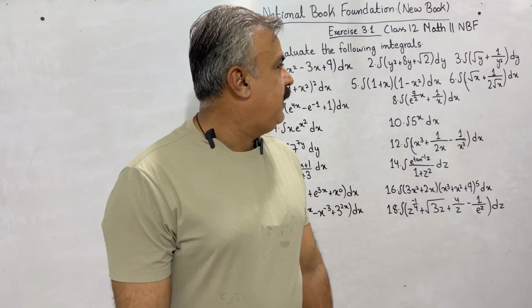If you have done differentiation, you have encountered three types of data. I used to call it base variable power constant, the normal case. Base constant power variable is entirely different from this one.